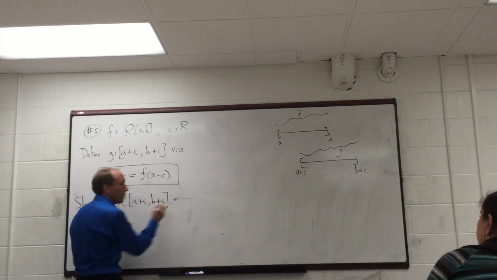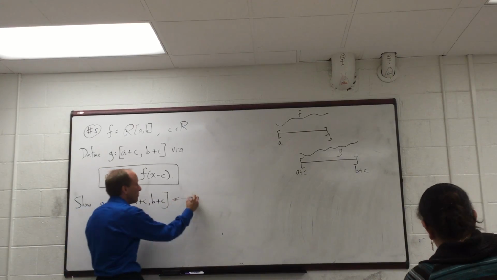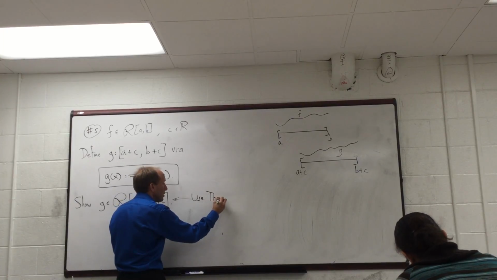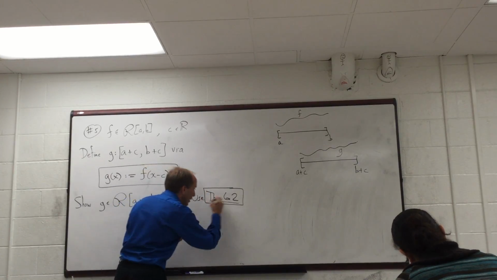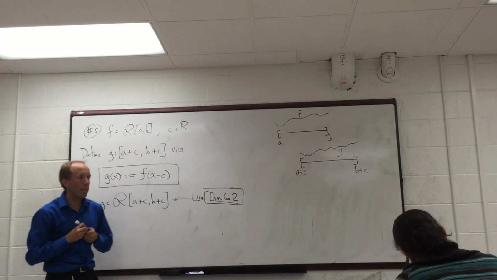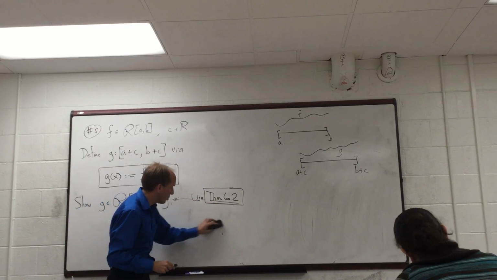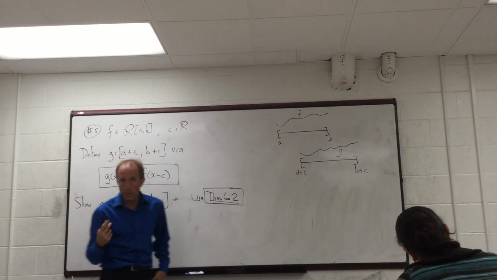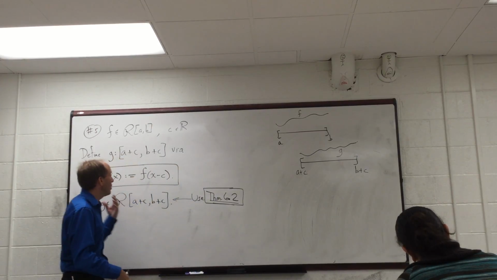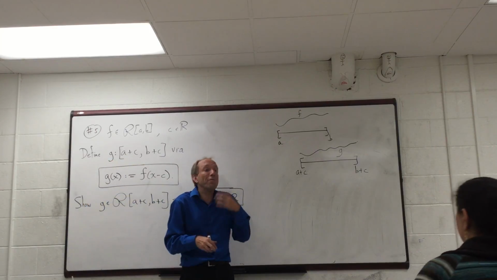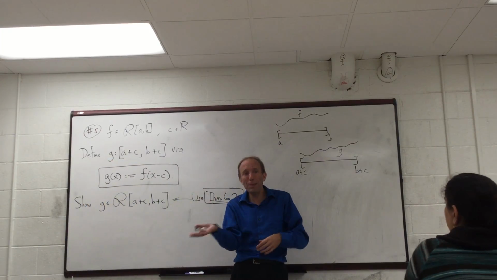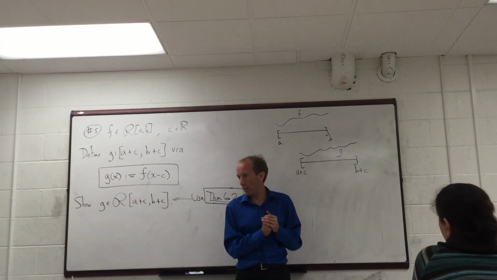Whenever you're being asked to show that a function is Riemann integrable, and I realize, guys, I really didn't quite cover this in time before our break, but this is going to be really critical. So I'm going to be talking a lot about this on Monday as well. Theorem 6.2. That's the one that says that a function is Riemann integrable if, for all epsilon, you can find a partition such that U(P,f) minus L(P,f) is less than epsilon.